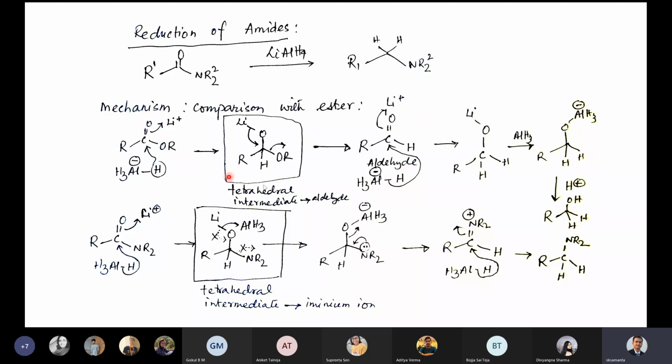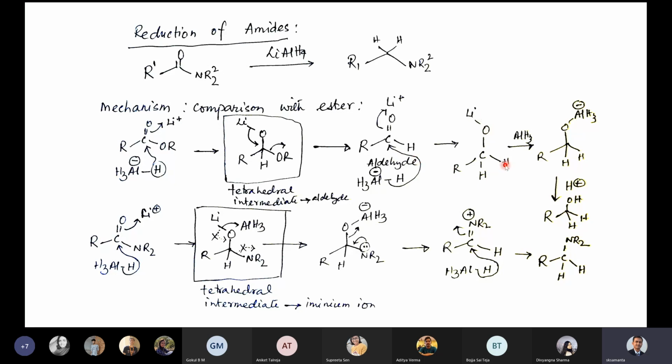If you add just one hydride, it comes to the aldehyde. But when we take lithium aluminum hydride, it does not remain at the aldehyde but goes to the reduced state, the primary alcohol state. If you use DIBAL hydride, then it actually remains in the aldehyde state. We have already learned that. Now this aldehyde takes another molecule of hydride to form this O minus and 2H.